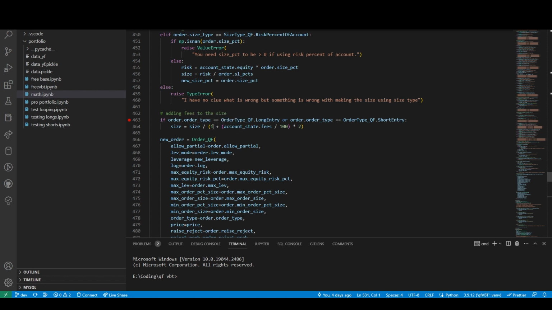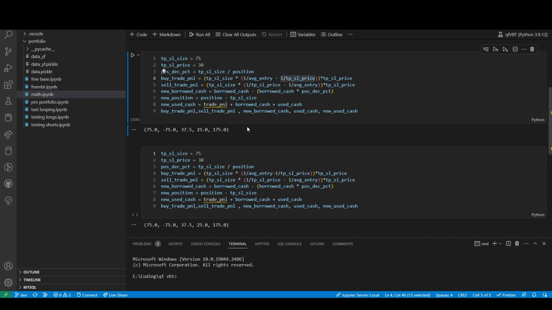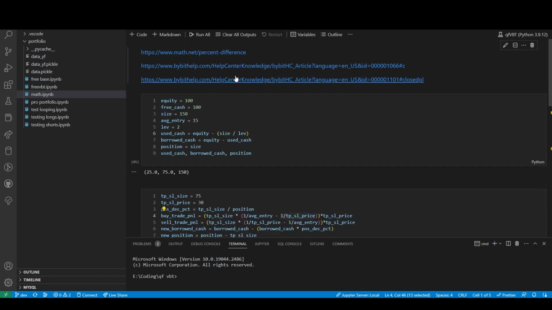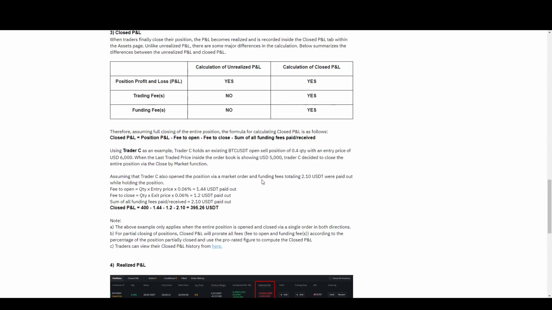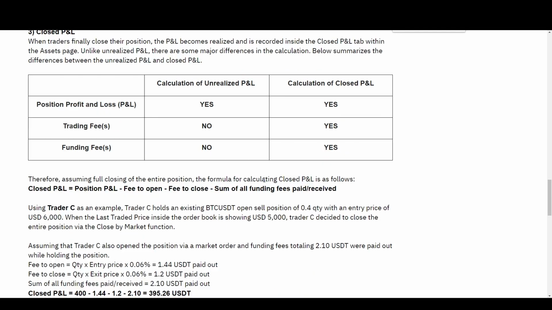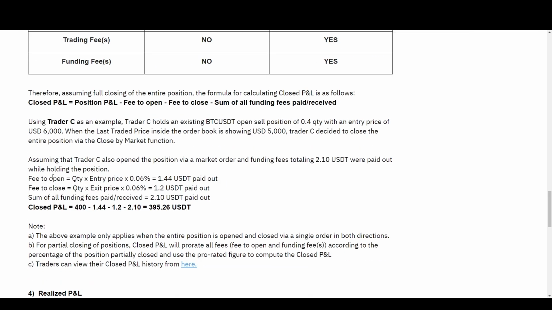But this really doesn't work though, because it's fees and then you have to add in the price. Let me show you. Actually, I have the websites right here. So here we can see that it's this.